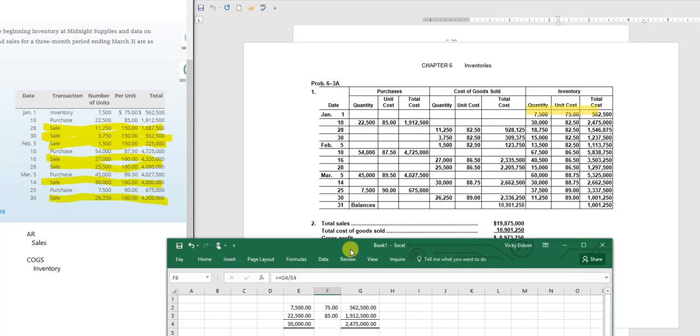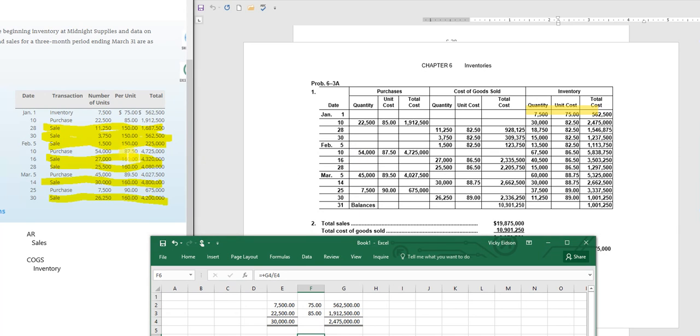Okay, so now I purchased another 54,000 at 87.50. So now I need to change these numbers right here, because every time I have a purchase, I need to figure out a new average cost. So if I look up here, I've got 13,500 at 82.50 left.